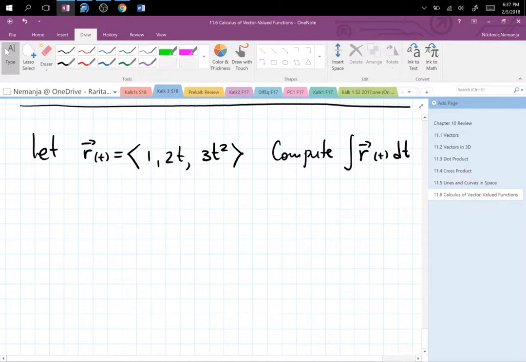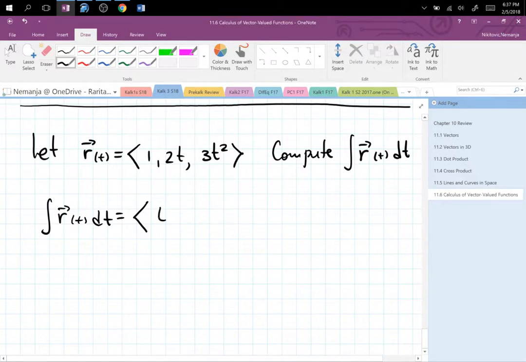All right, so we are going to integrate term-wise. And each one of these now, the integral of r of t dt, is going to get its own constant, c1, c2, c3.